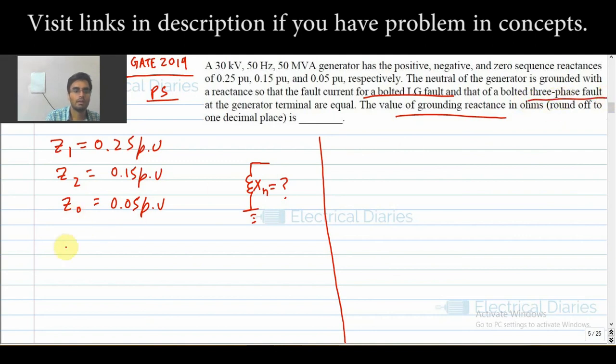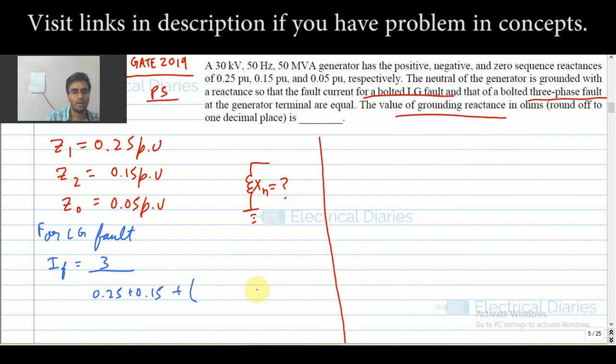See now for LG fault, I hope you know the formula. For LG fault, your fault current is equal to 3E, let us assume it as 1 per unit, divided by Z1 0.25 plus Z2 0.15.